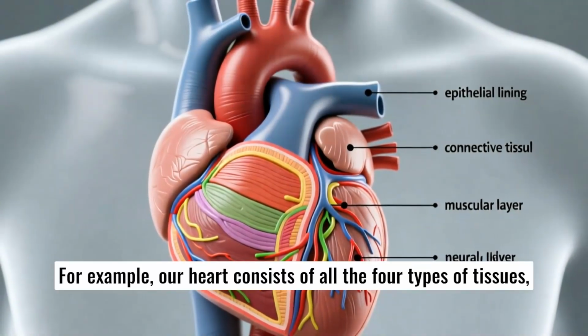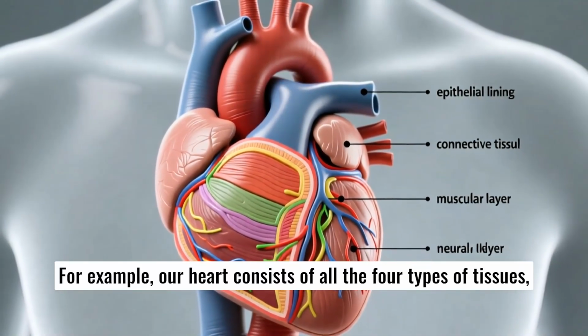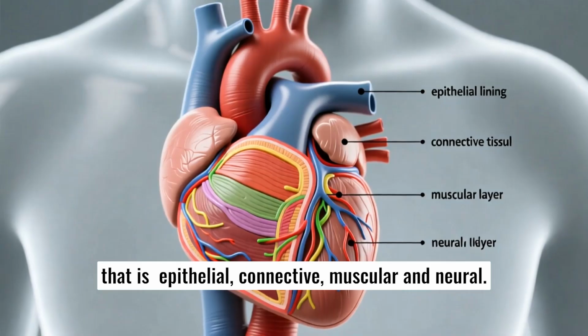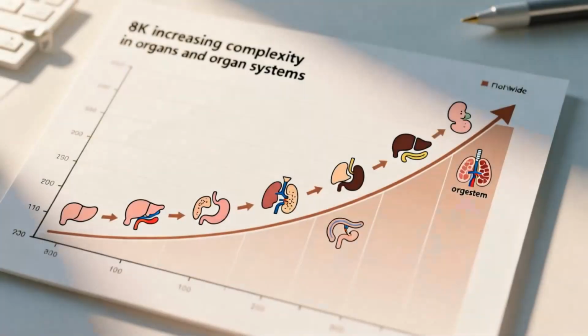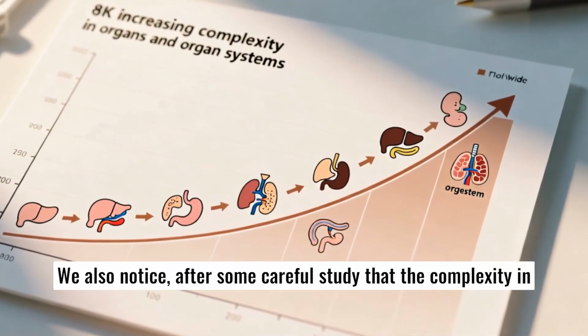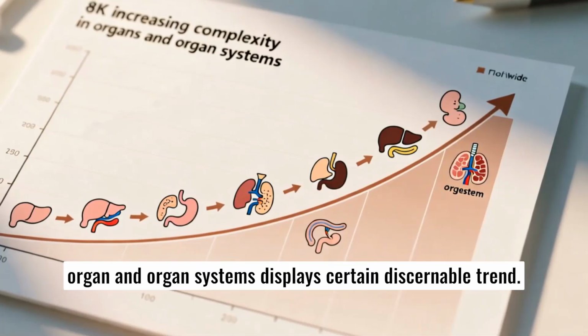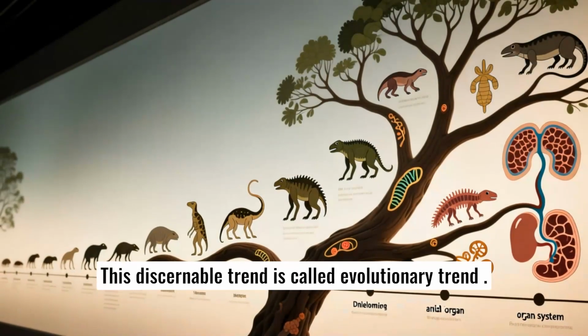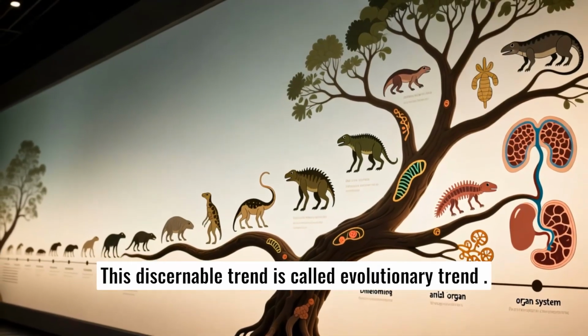For example, our heart consists of all the 4 types of tissues, that is epithelial, connective, muscular, and neural. We also notice, after some careful study, that the complexity in organ and organ systems displays certain discernible trend. This discernible trend is called evolutionary trend.